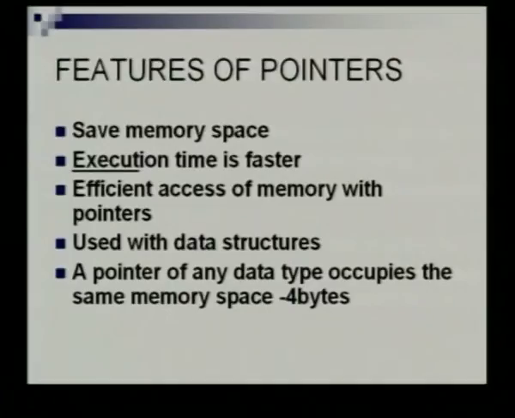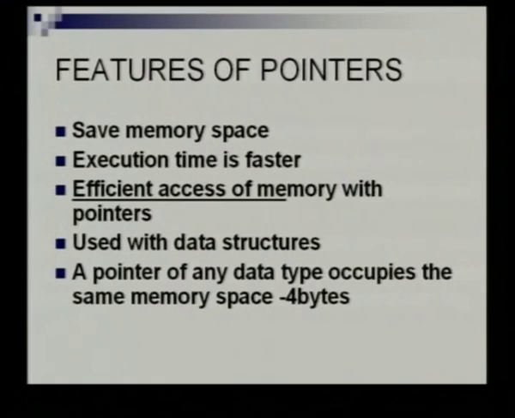So the execution time also will be faster, because accessing the memory is the actual operation which takes a lot of execution time. So because it saves the memory space that is allocated for a variable, when we perform operations using these pointers, execution time becomes faster. We save time as well.